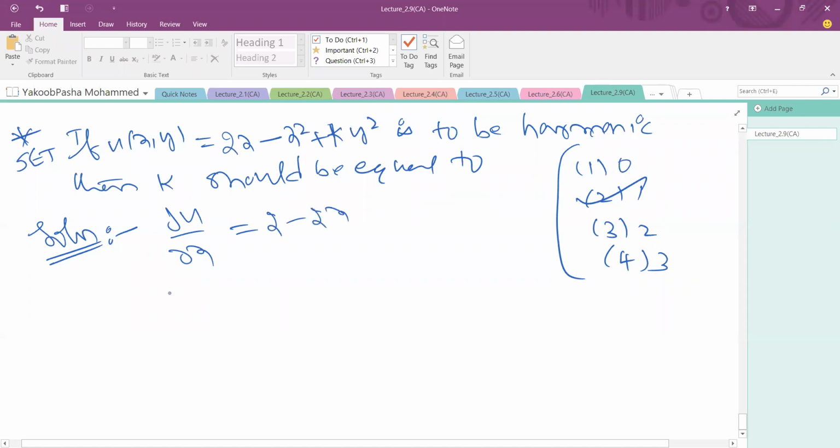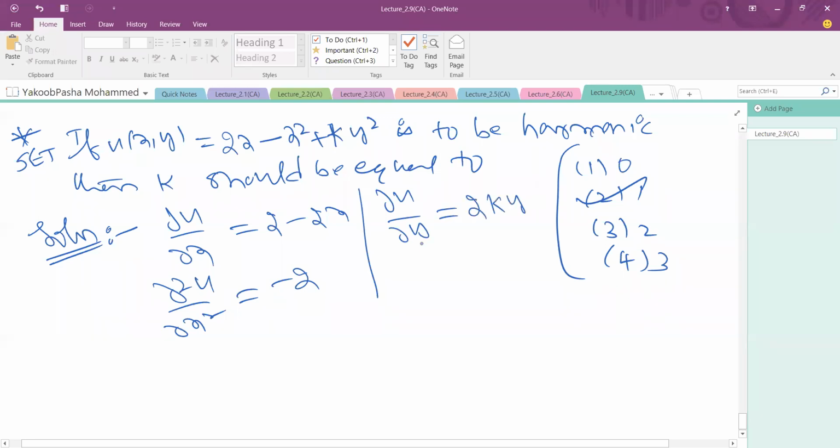minus 2x, and again differentiate this, we get dou square u by dou x square, that is minus 2, and differentiate with respect to y, dou u by dou y is equal to 2ky, and dou square u by dou y square is equal to 2k. Okay, as we know that the function is harmonic.